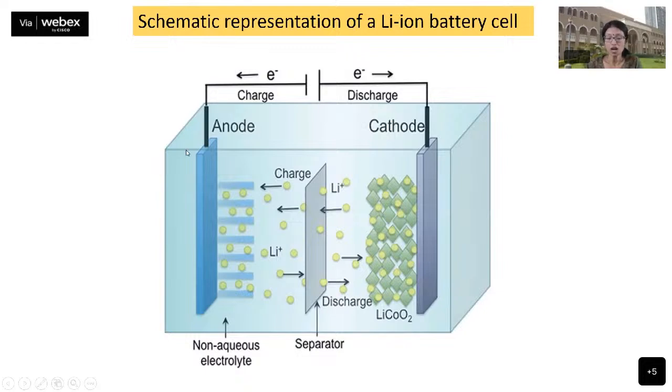When you are charging, you have an electron flow from the cathode to the anode, whereas the lithium is moving from your lithium cobalt oxide to the graphite. When you are discharging, the opposite movement is happening. You have movement of lithium ions inside the non-aqueous electrolyte through the separator between the anode and the cathode, whereas in the external circuit you have the movement of the electrons.